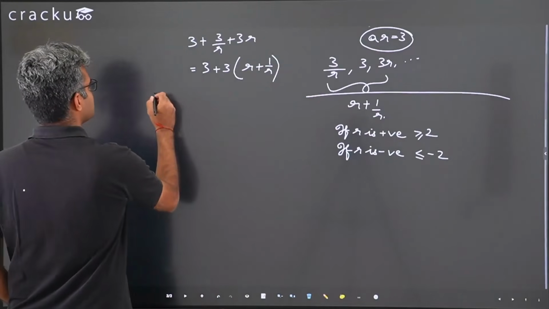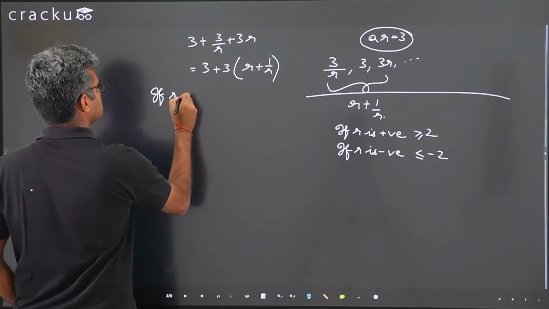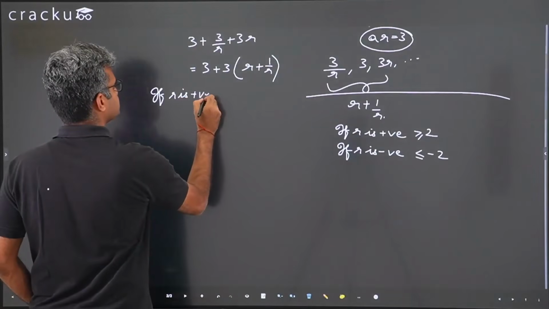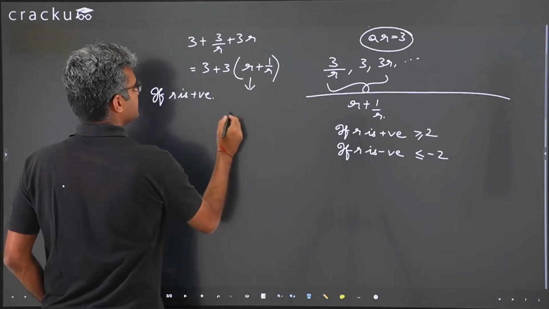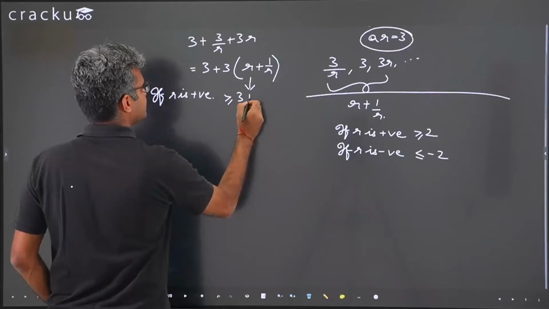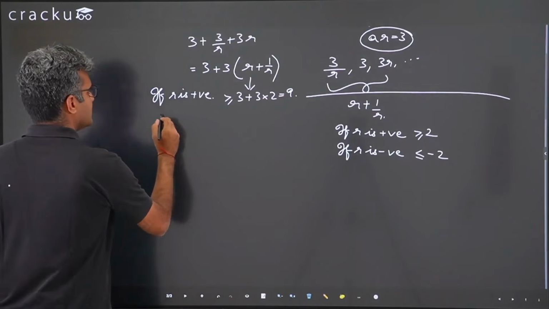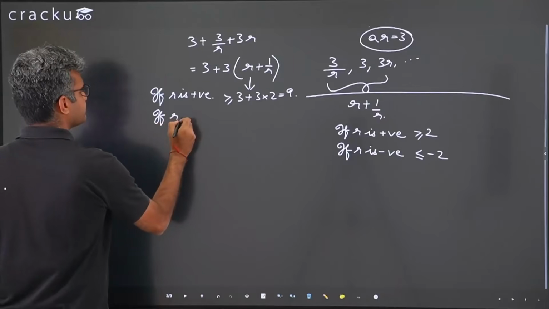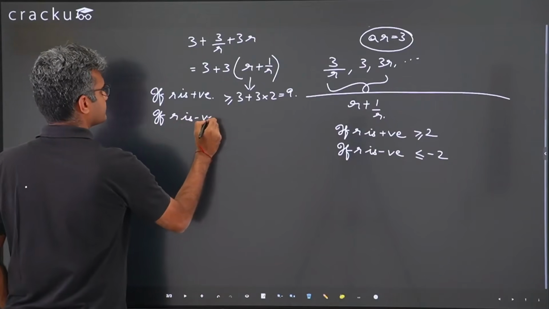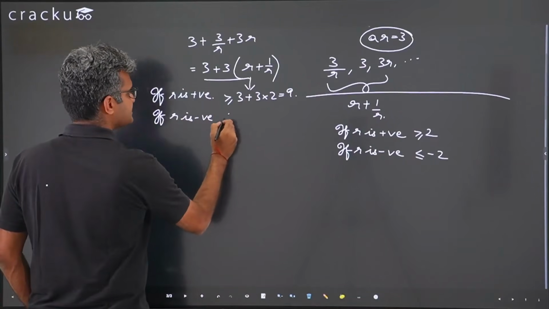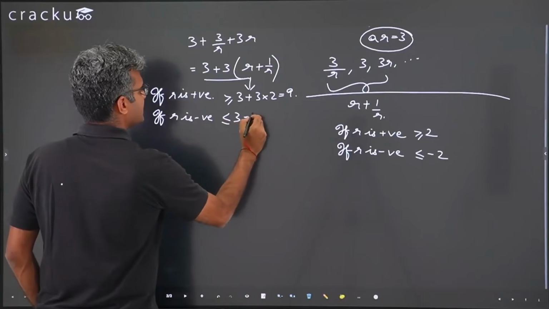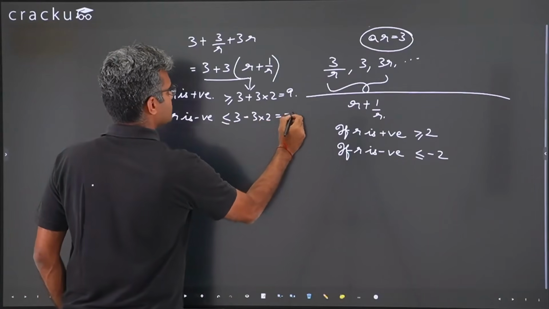So if r is positive, this expression is greater than or equal to 3 plus 3 into 2, which is equal to 9. If r is negative, this expression will be less than or equal to 3 minus 3 into 2, which is equal to minus 3.